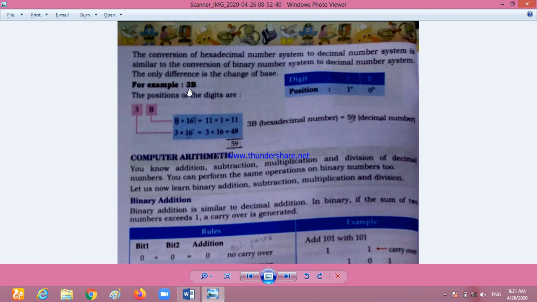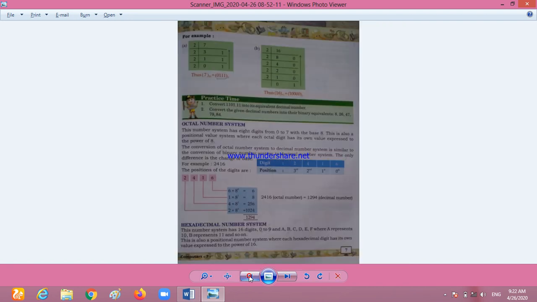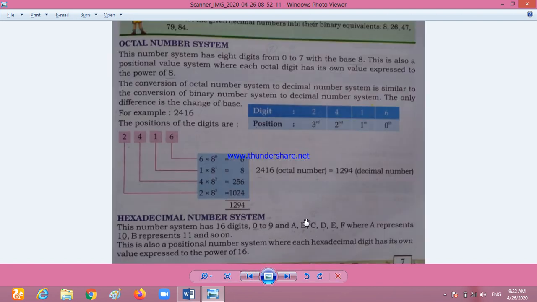We are taking the number 3B. B is at position 0 and 3 is at position 1. We talked before in this chapter, everything starts with 0. B into 16 to the power 0, which is 1. B represents 11, as we already said. A represents 10, B represents 11.